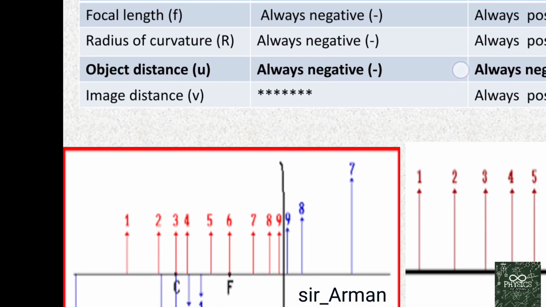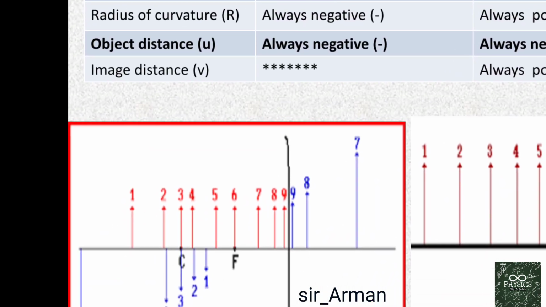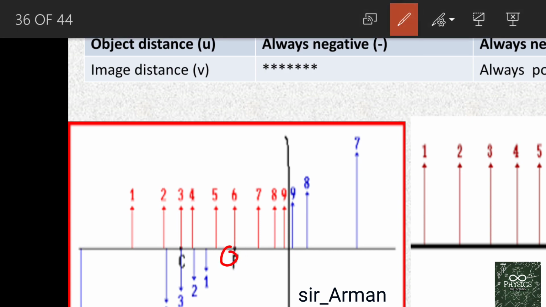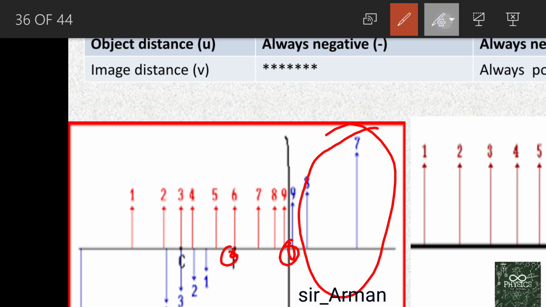For case 1 to 5, the image distance is negative in case of a concave mirror, and for case 6, we have discussed about 6 cases, right? So if the object is placed anywhere between pole and focus, the image is obtained behind the mirror. So that's why the image distance is positive for all the cases between pole and focus.